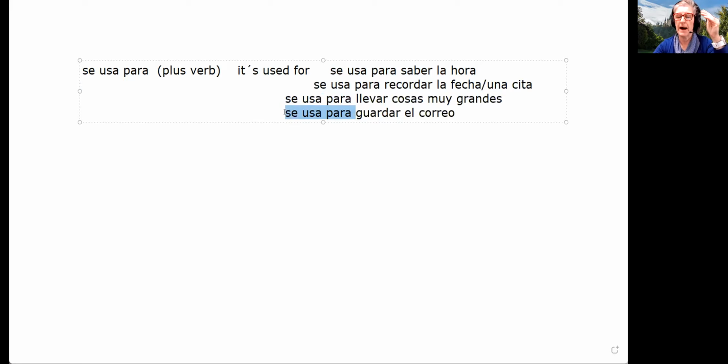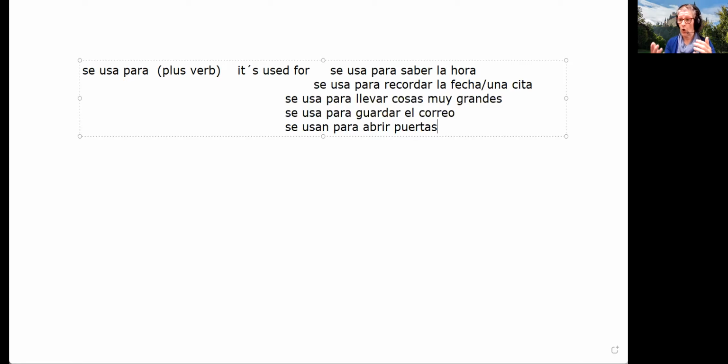Se usa para. And the only way it would turn into usan would be if it was a plural item, like keys, more than one. Se usan para abrir puertas.